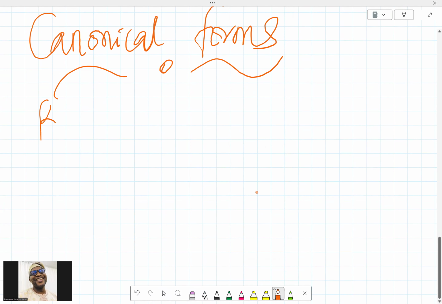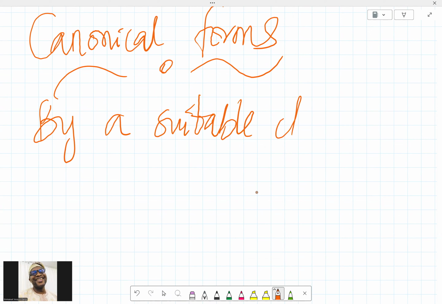Okay. So by a suitable change of variables, the variables we have been talking about are x and y as independent variables and u as the dependent variable.